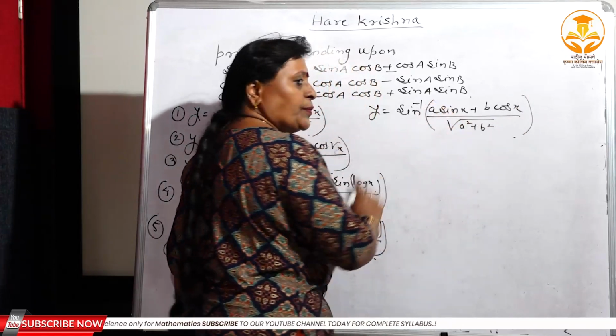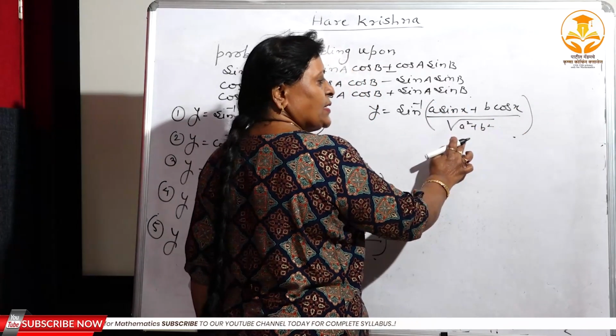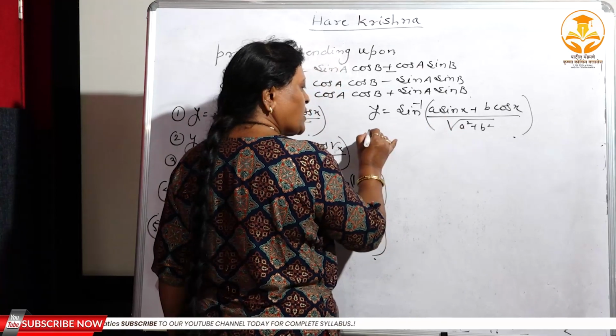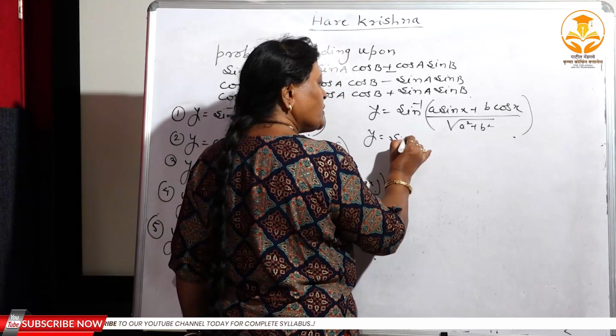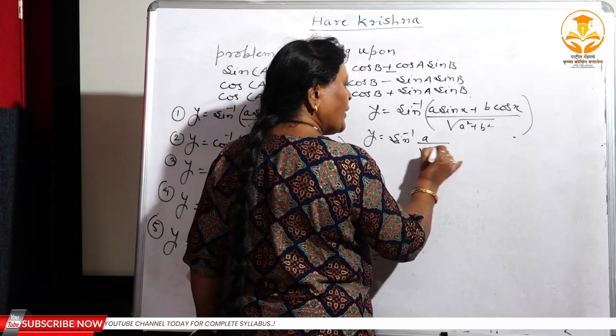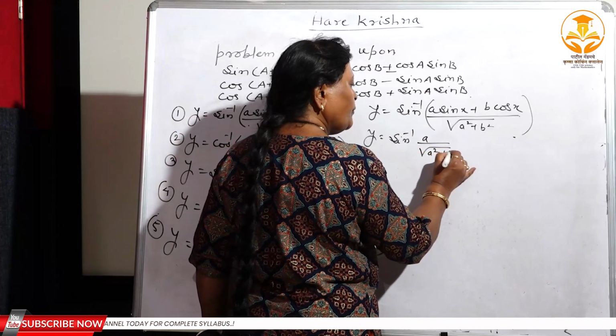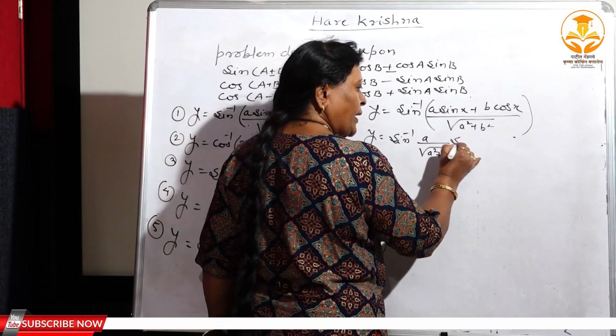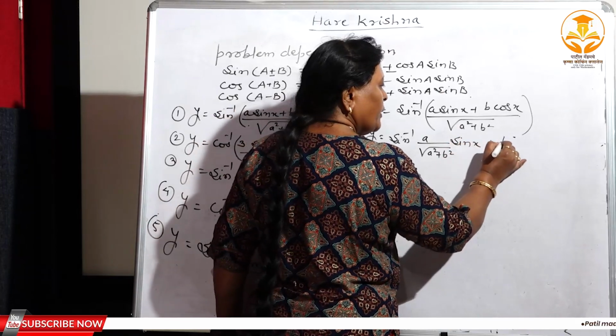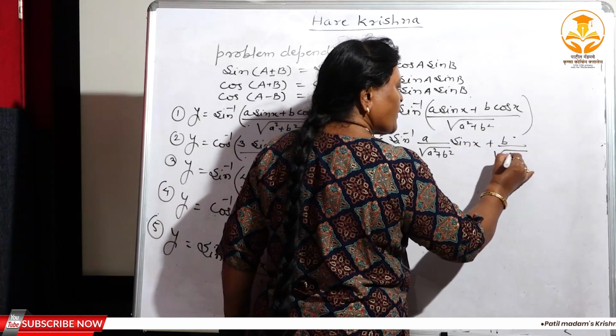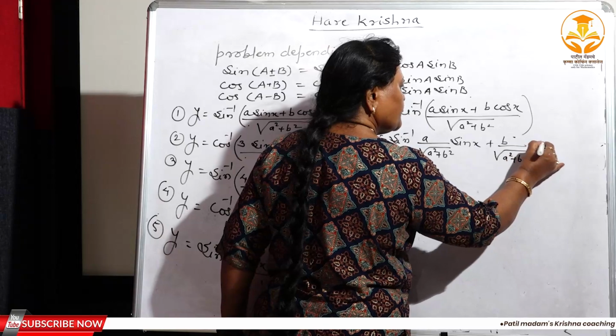Now if you observe, A and B are constant terms. Now sin inverse of A divided by root of A square plus B square times sin x, separate, plus B divided by root of A square plus B square times cos x.